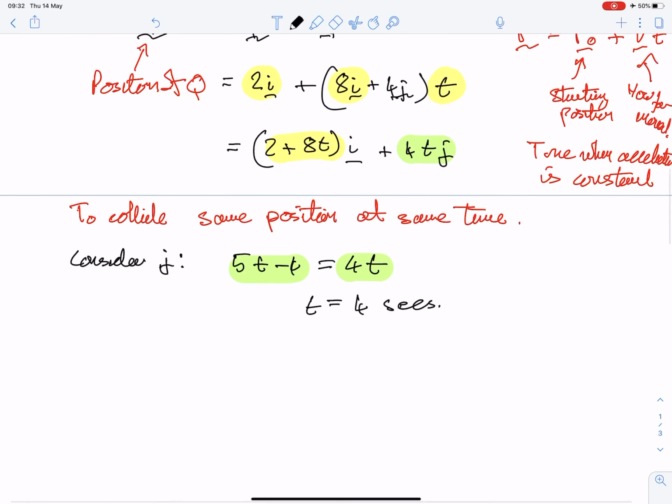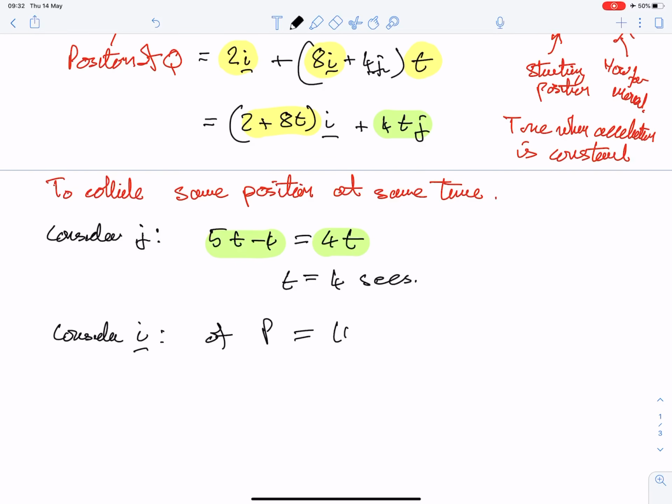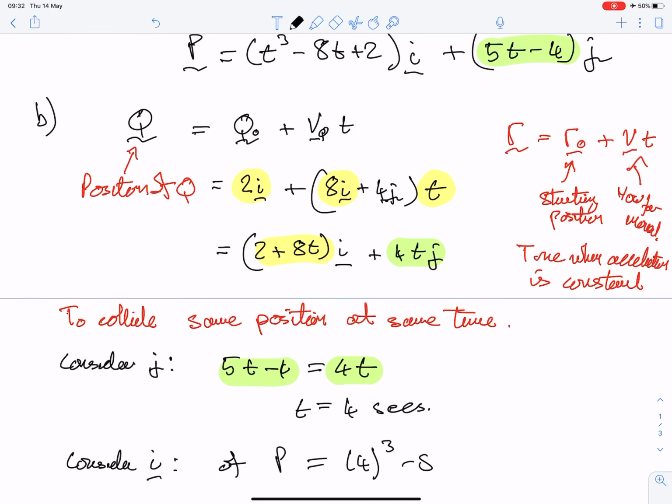Now we consider the i component of P first of all. So we get 4 cubed minus 8 lots of 4 plus 2.